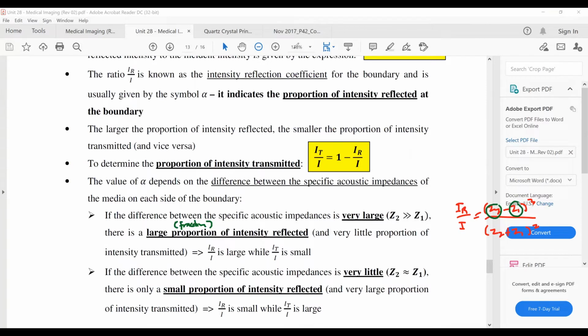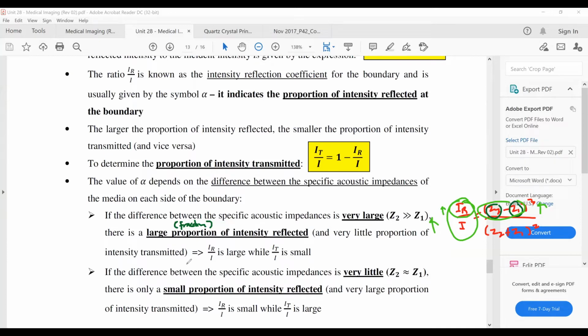As a whole, this thing is going to be large. This will affect this one, which causes this to be large also. So your fractional intensity reflected is very large, and then you will have very little intensity transmitted.